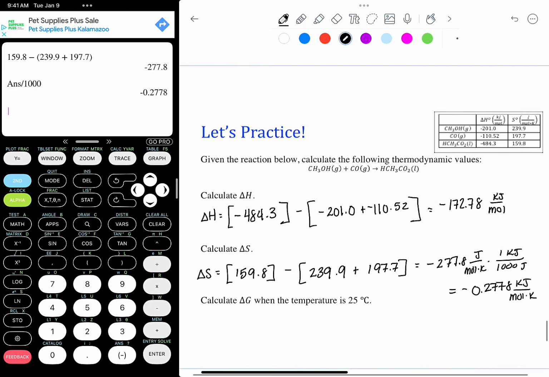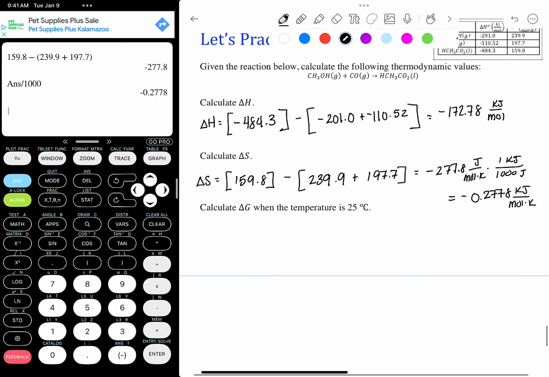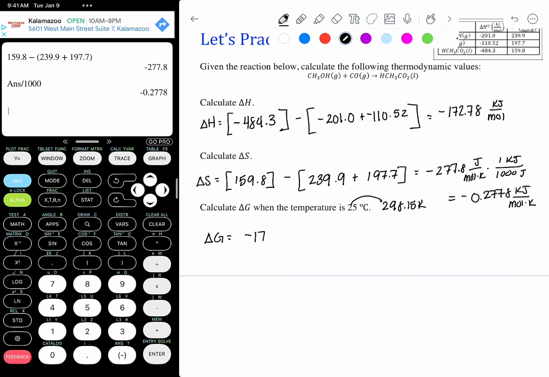Okay, so now we'll use our two values of delta H and delta S, and we'll plug that in for delta G at 25 degrees Celsius, which is 298.15 Kelvin. So we get that delta G is equal to delta H, negative 172.78, minus the temperature, 298.15, times our delta S, negative 0.2778.